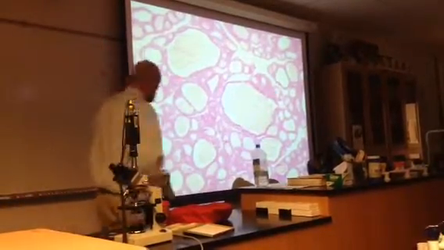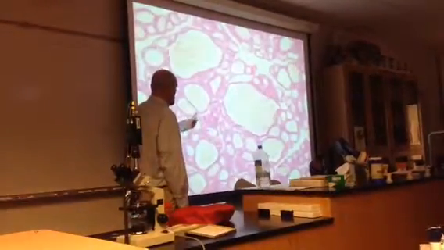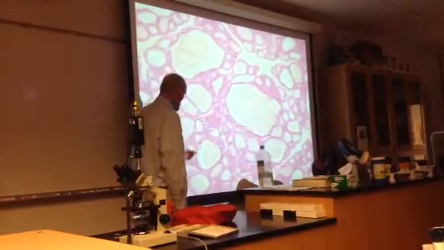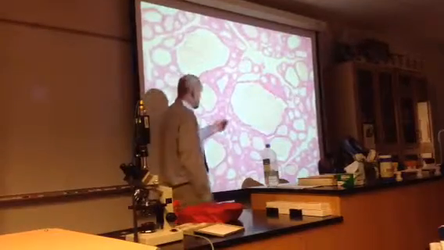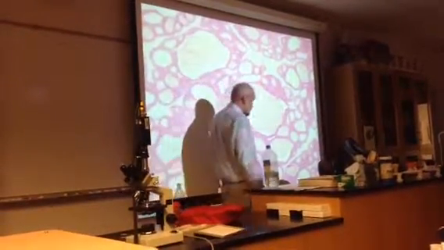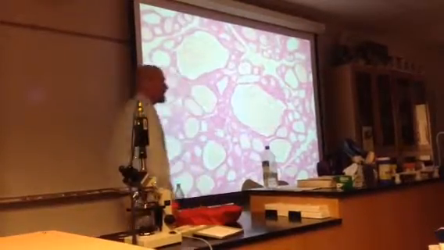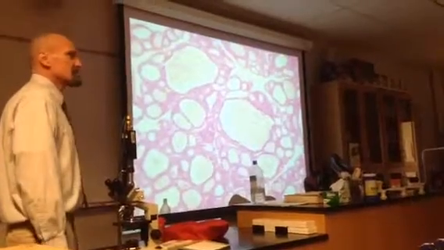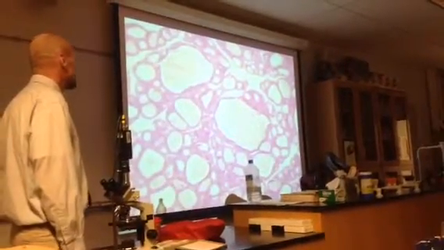If you go in between the thyroid follicles, you can see right there pretty clearly a single cell layer. What are these cells going to be in between thyroid follicles? C cells. C cells, sea cells by the seashore.